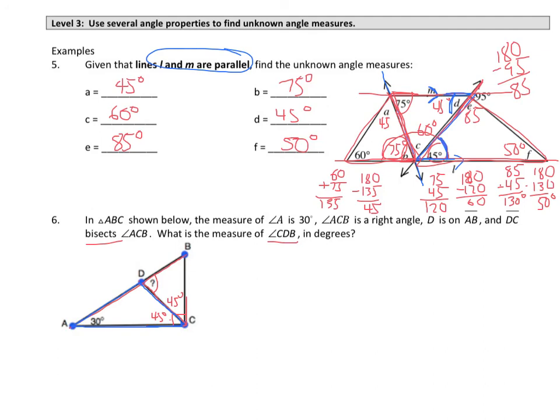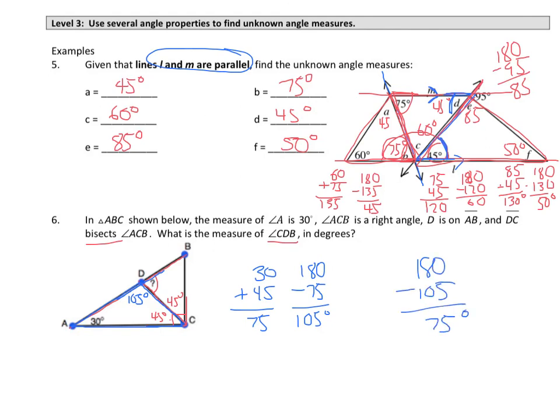So if I do 30 plus 45, we get 75, and then 180 minus 75 gives us 105 for this angle right here. And now to find my missing angle, it makes a straight line with that 105-degree angle, so I can just do 180 minus 105, and we get 75 for the missing angle.